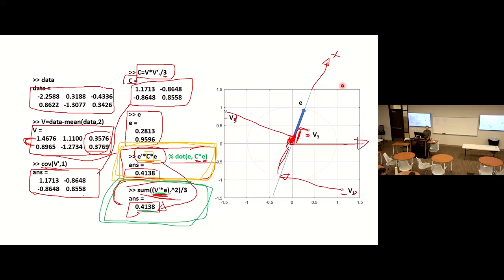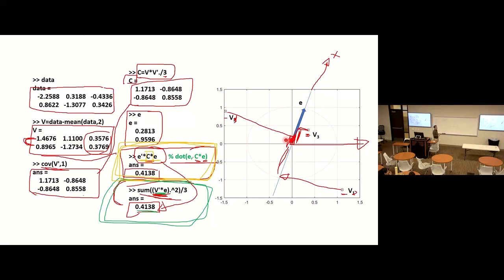Mm-hmm. So this E is a vector, right? I just randomly select a vector. You can define anything. I'm giving it as an example.